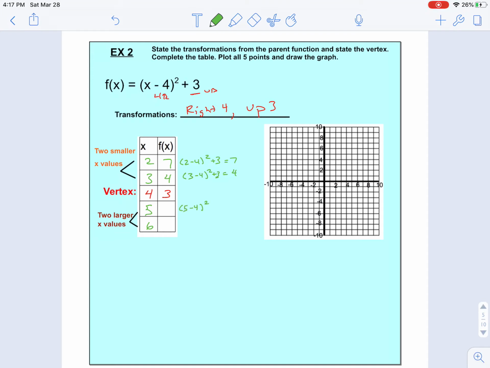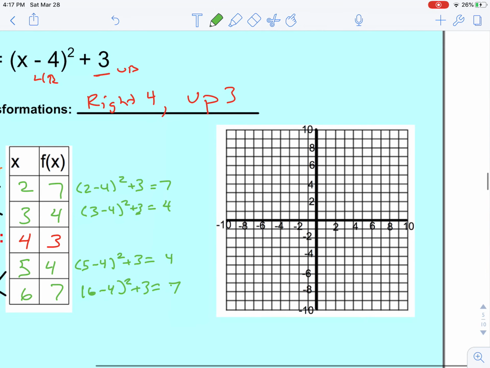Plus 3 is 4. All right. 5 minus 4 squared plus 3. 1 squared is 1 plus 3 is 4. And 6 minus 4 squared plus 3. 6 minus 4 is 2. Squared is 4 plus 3 is 7.